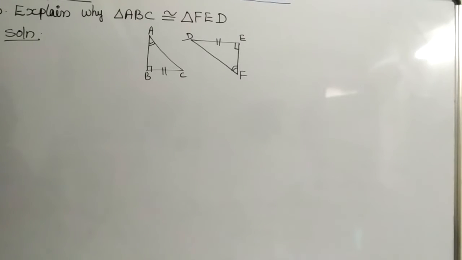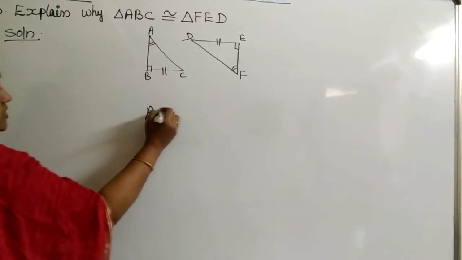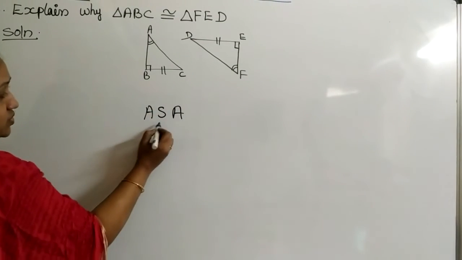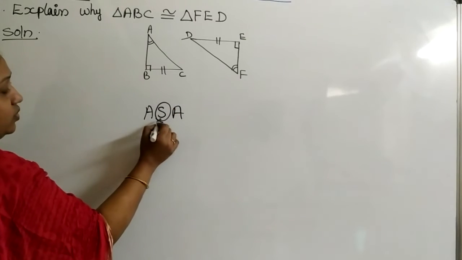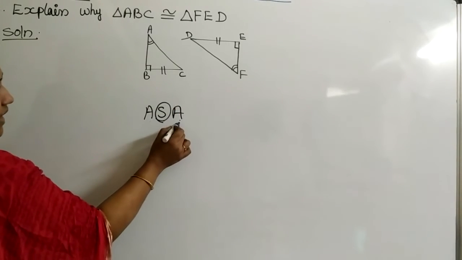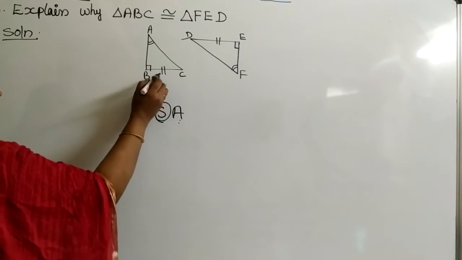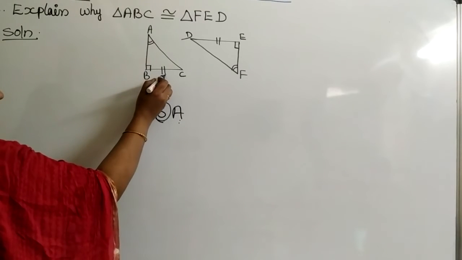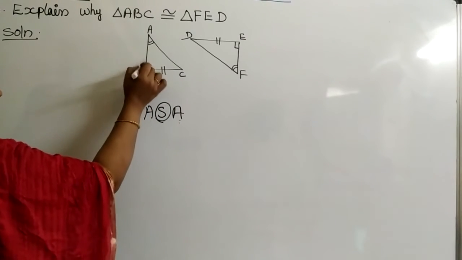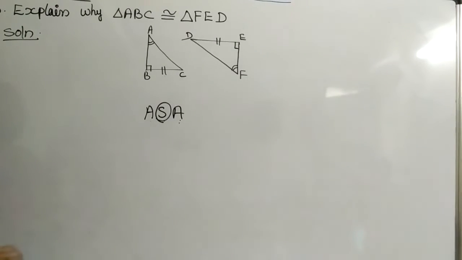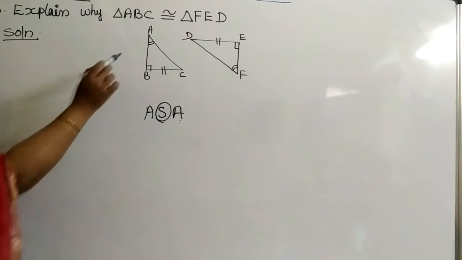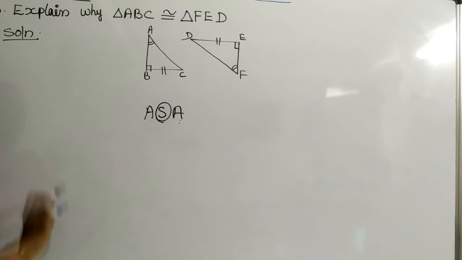Then two angles and one side are given, we can use ASA congruence rule. While using ASA congruence rule, we need the included side between these two angles. But here it is given this side and the two angles are given here. So in this case, what we can see, we know these two angles of triangle ABC.